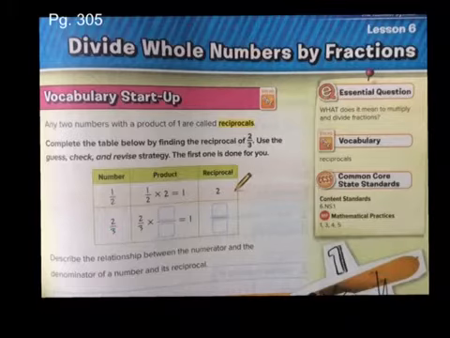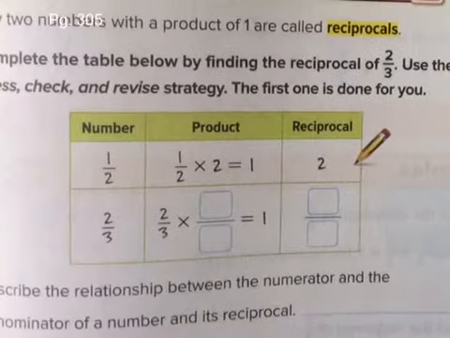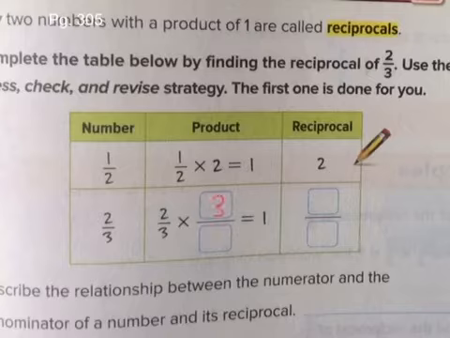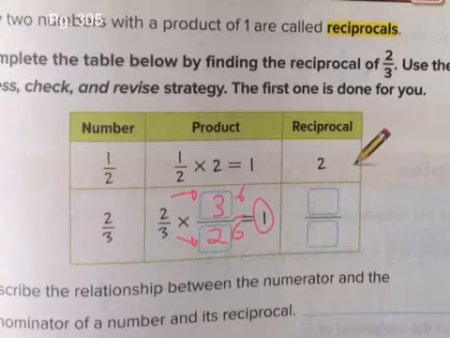Let's do it again. 2/3 times 3/2 will equal 6 on top and 6 on the bottom. So it's 6/6 equals 1. What is the reciprocal? Sorry, the reciprocal is 3/2.